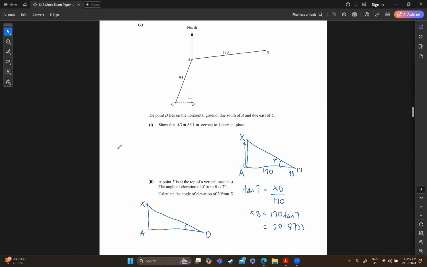So write down tangent XDA equals 20.8733 over 86.0992.